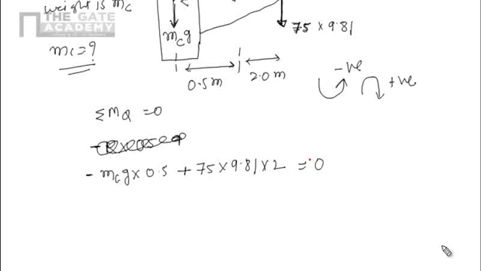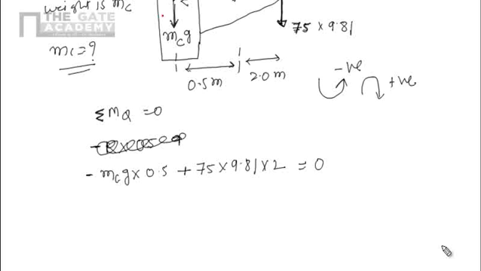I will again repeat, here I am applying the condition based on moments, that is, the algebraic summation of moments of all the forces about Q should be 0. Q is a hinge, but I am not considering the reaction here because the moment due to the reaction at Q will be 0, since the perpendicular distance is 0 here.